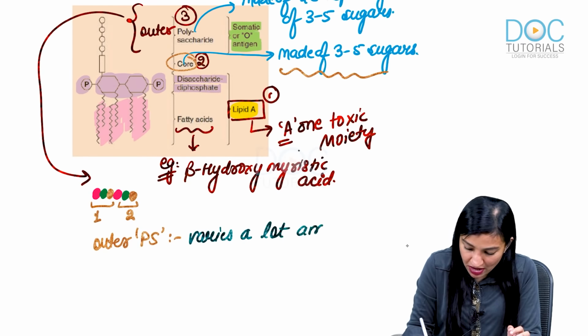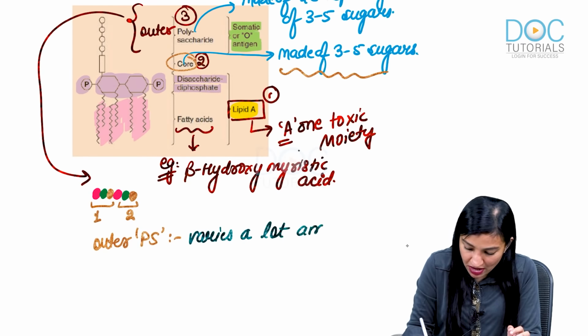All right, and as we all know, bacteria have a lot of important structures, like different kinds of proteins, sugars and all. And one such example of an important structure is the outer polysaccharide. I have mentioned that it is going to be variable in different bacteria. So if we study the outer polysaccharide in different bacteria, then we can classify bacteria accordingly.